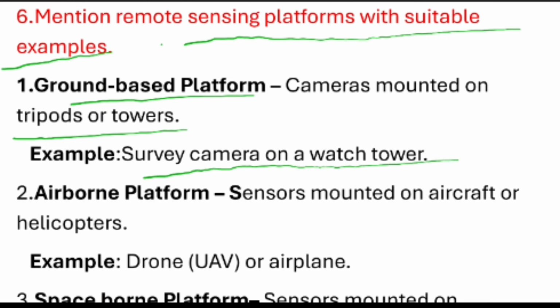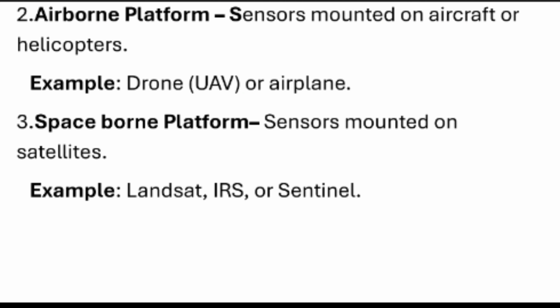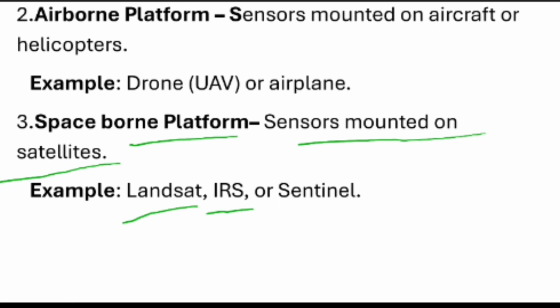Next, the airborne platform, where a sensor is mounted on an aircraft or helicopter. You can give a drone or aeroplane as an example. Next will be the space-borne platform, a sensor mounted on a satellite, such as IRS or Landsat.